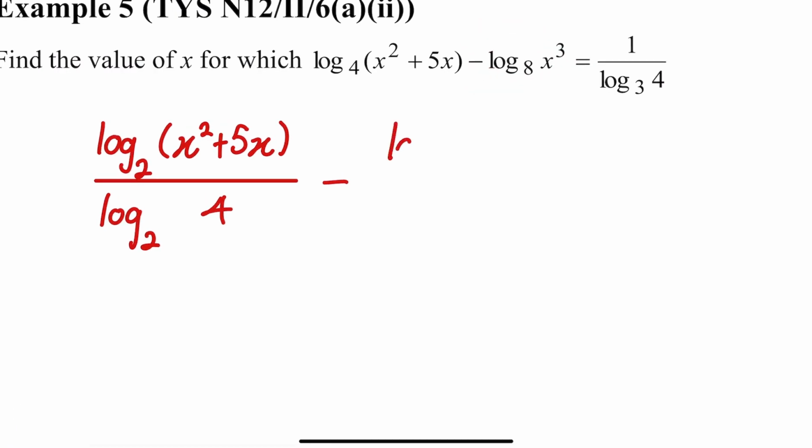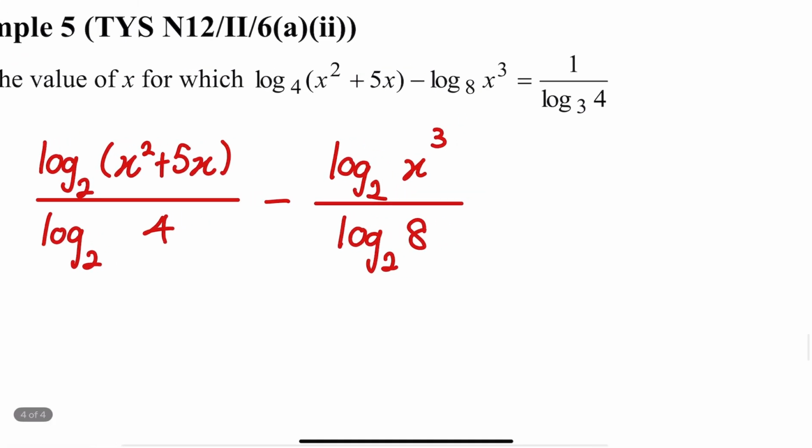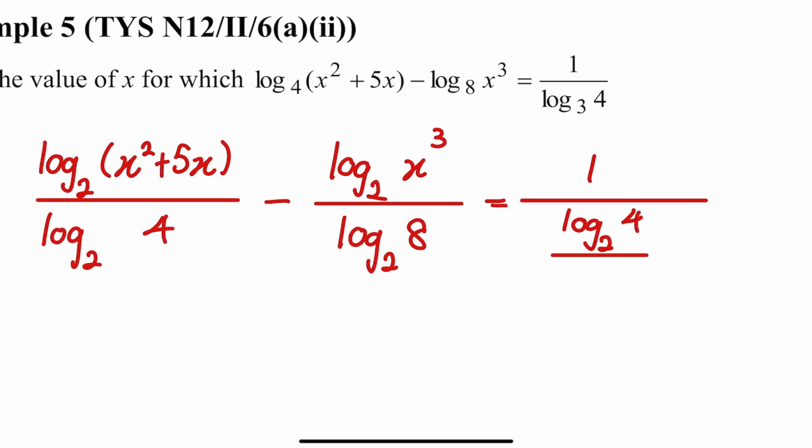I'll get log base 2 of x to the power 3, the whole thing divided by log base 2 of 8. And this whole thing is equal to 1 over log base 3 of 4. I change to base 2, and I'll get log base 2 of 4 divided by log base 2 of 3.